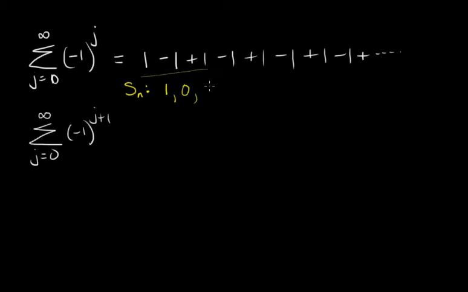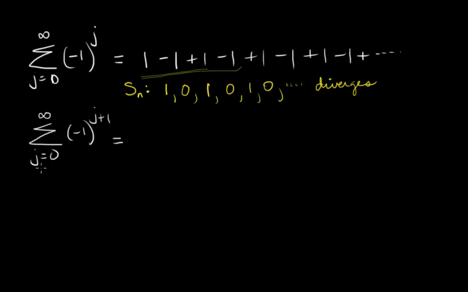Then the first 3 terms and we get 1. The first 4 terms and we get 0. Then we add 1, we add -1. And you see that Sn certainly does not converge. It just goes 1, 0, 1, 0, 1, 0. It diverges. It has no limit.